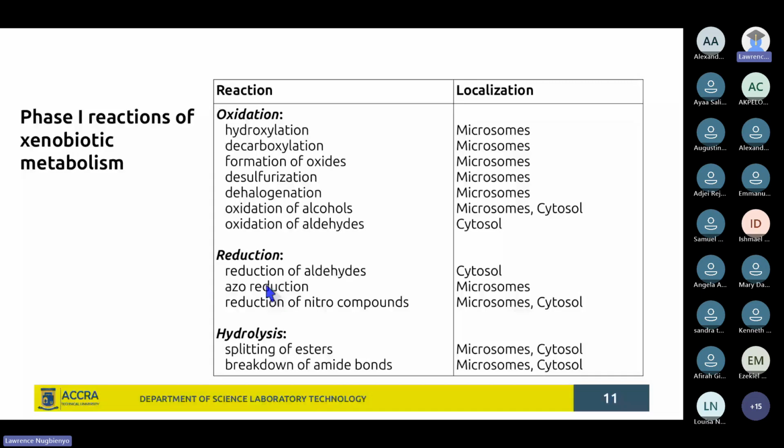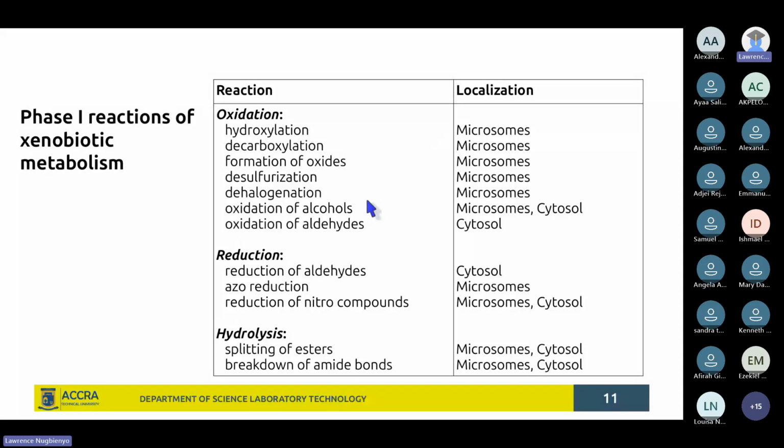And oxidation reactions include reactions like hydroxylation, decarboxylation, formation of some oxides, desulfurization, so for substances that contain sulfur, you're removing the sulfur from them, and dehalogenation, for substances that have some halogens in them, like chlorides, bromides. You have reactions to remove these halogens from them.